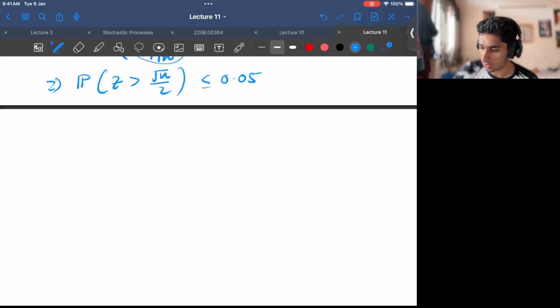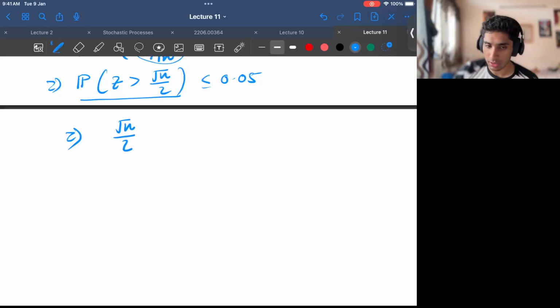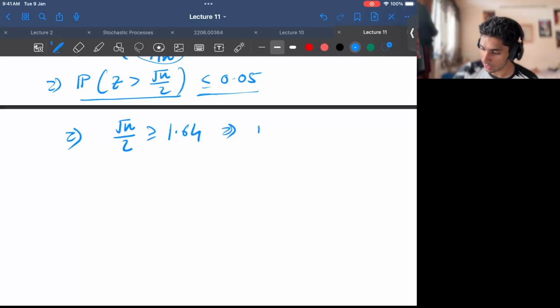Now you can use your table, the Gaussian integral table, to conclude that root n by 2, for this condition to be satisfied, has to be greater than or equal to 1.64, and this would lead to n being greater than or equal to 10.75.